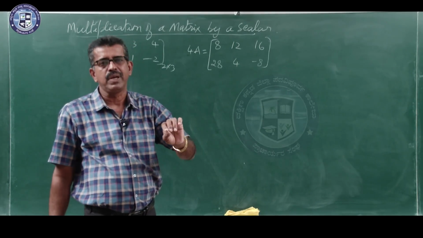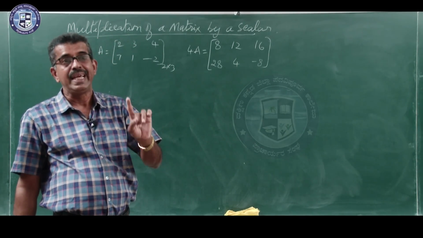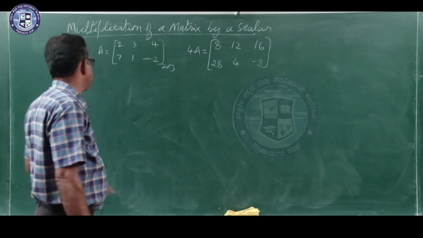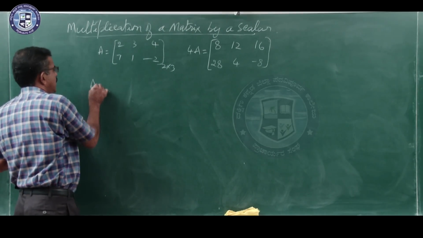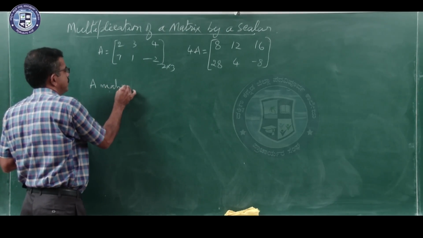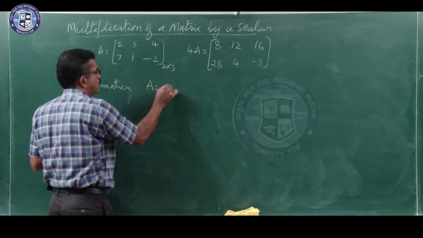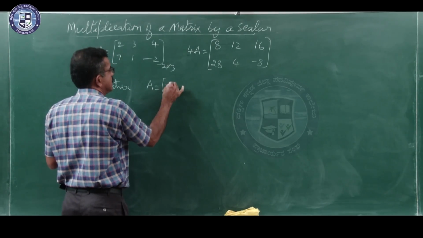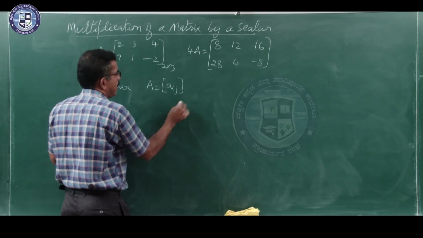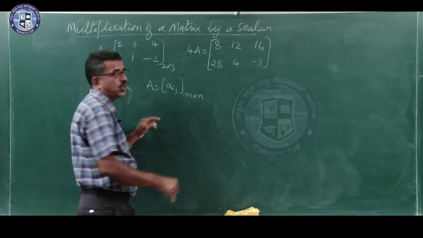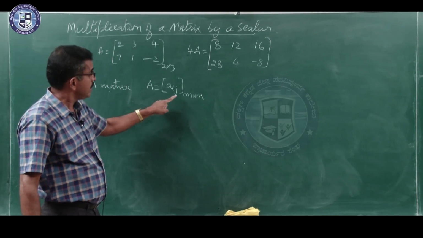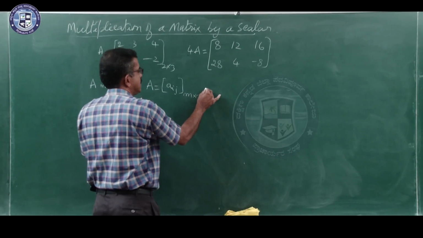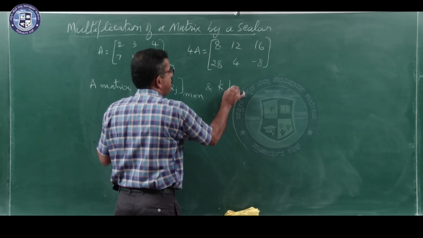Now, by this time, every one of you needs to understand properly, in general, what we mean by a matrix multiplied by a scalar. So, let me write the general notation for a matrix. Let a matrix A be given by Aij, with order M cross N. Let me take this as a matrix, and let K be any scalar.